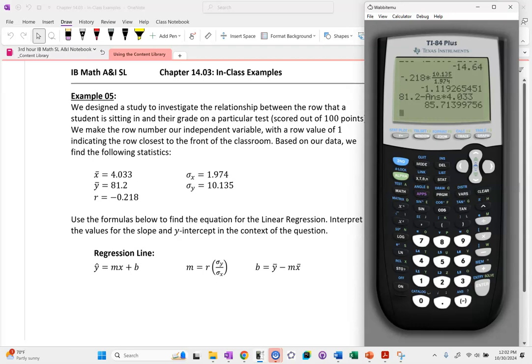So is it like for every additional row further back into the class you sit, your test score decreases by 1.12%?